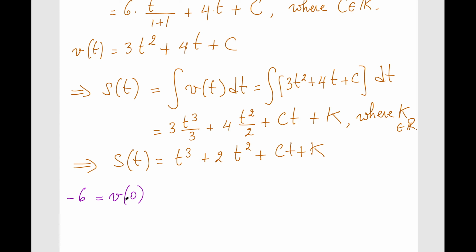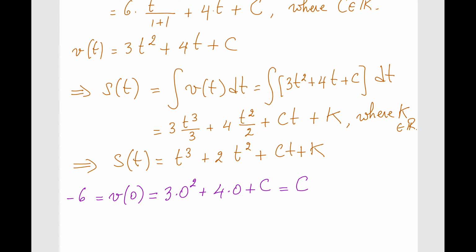And how much is v(0)? Well, v(t) is this much. What's v(0)? This is v(t) for any t, right? When t is 0, this is going to be 3 times 0 squared plus 4 times 0, because t is 0, plus c. Now what is that? This is 0 plus c, so this is c.